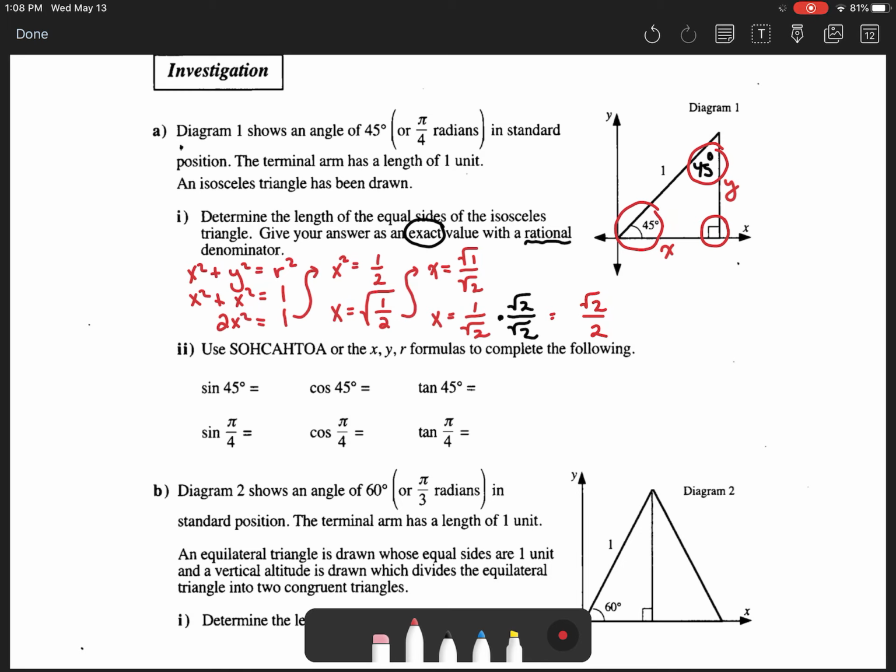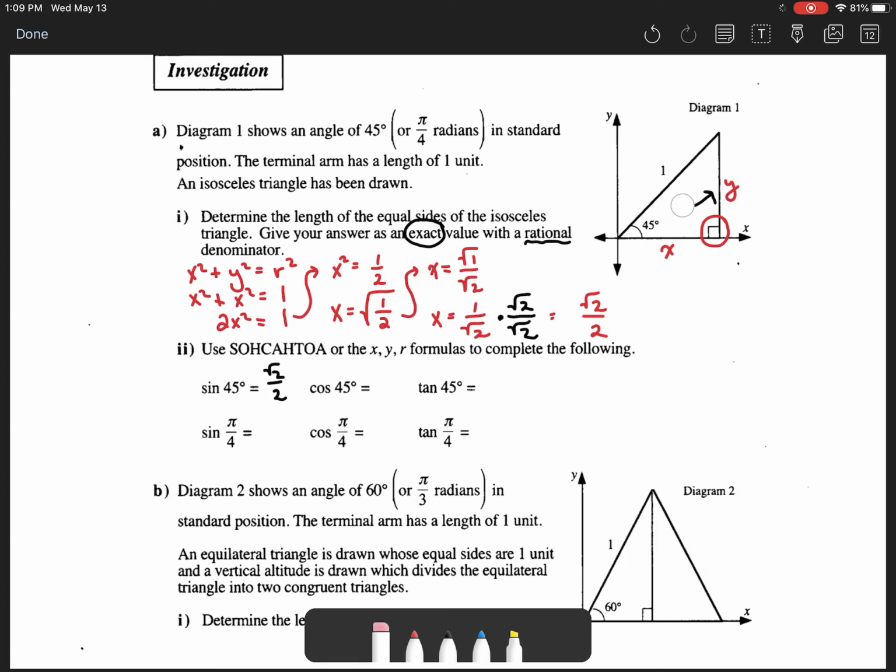So moving on to part 2, it says use SOHCAHTOA, which is the acronym which helps us remember the side ratio lengths in a right angle triangle, or x, y, and r formulas to complete the following. So what's the sine of 45 degrees? Well, sine is opposite over the hypotenuse. So that would be root 2 over 2 over 1, which would just be the root of 2 over 2.